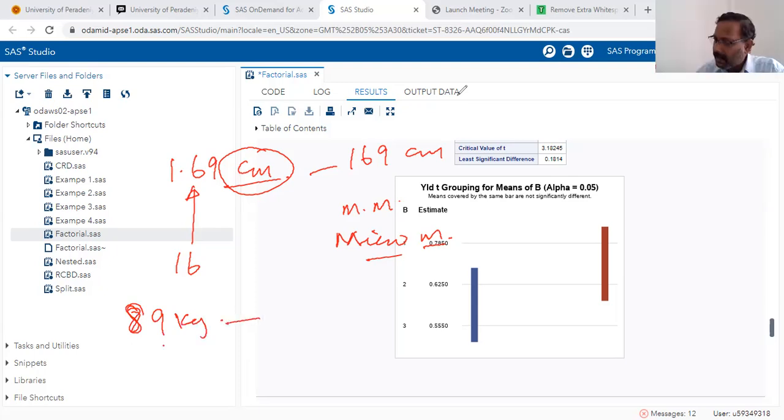Maybe let's say this is Tanishkumar. Maybe another person, person B, also has 89 kilograms. Actually, these two values are not really equal. Why?